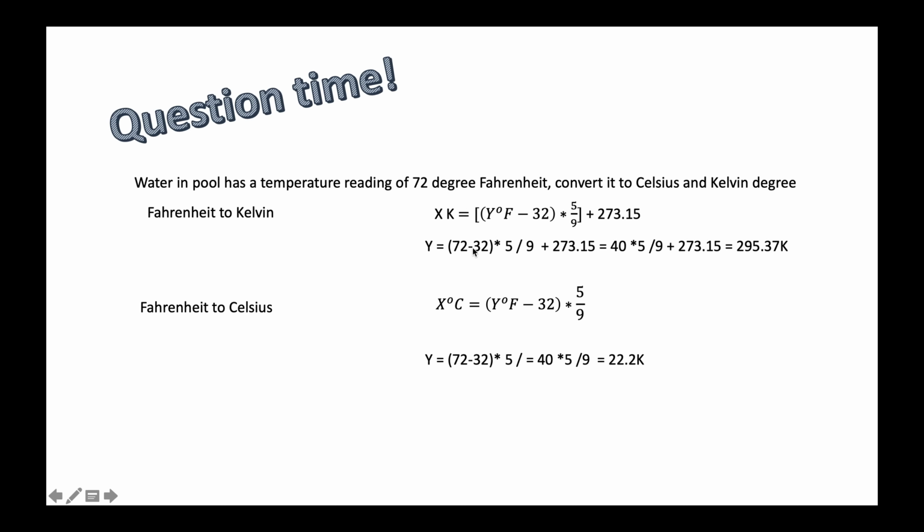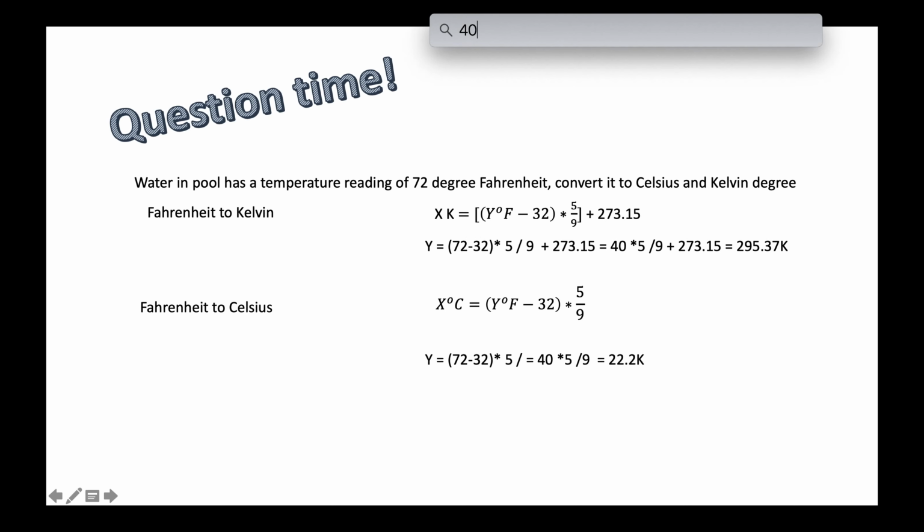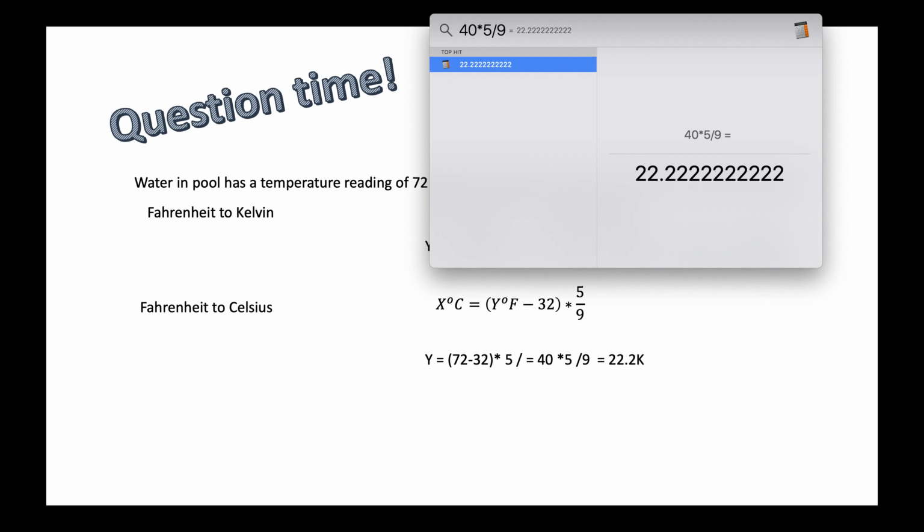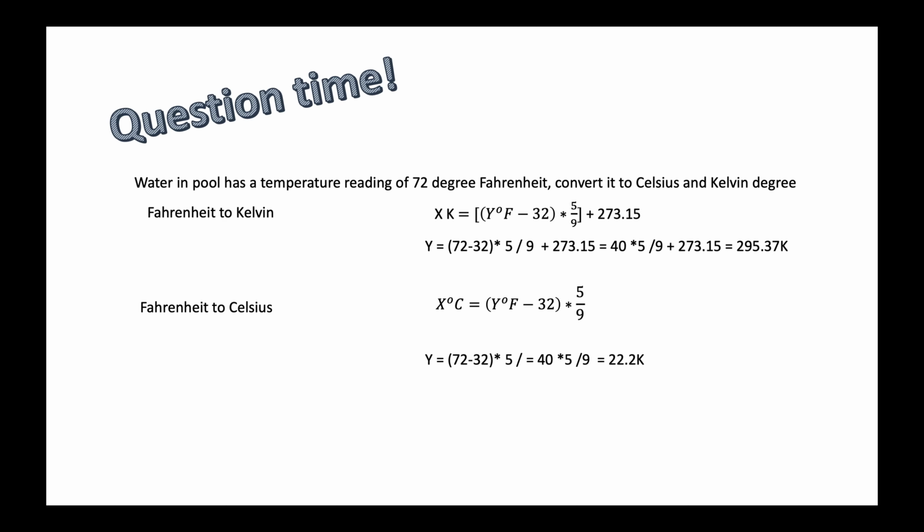So 72 minus 32 gives you 40. And your 40 times 5 divided by 9, you have 22.22. And this value plus 273.15, you get 295.37 K, right?